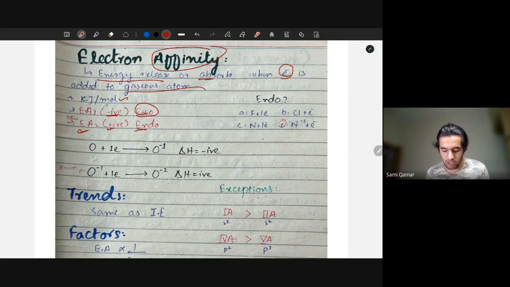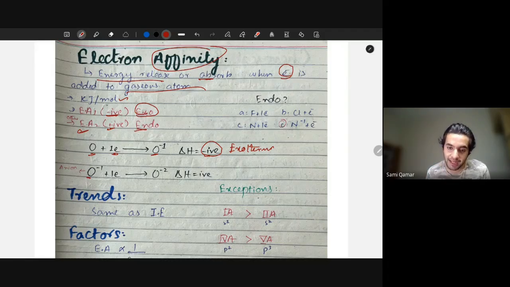Let's take an example. Here we have oxygen. One electron is being added, so it is the first electron affinity. This is exothermic. Energy has been released, right? But now we need to add one more electron to the same anion that we have made. Now this is an anion, and we need to add a second electron.